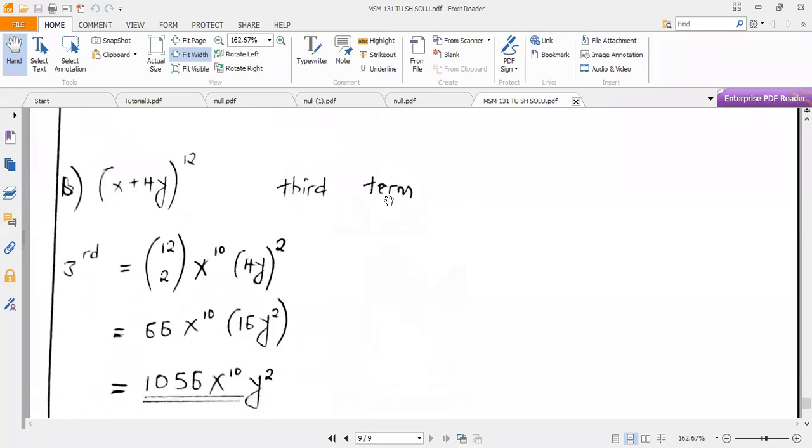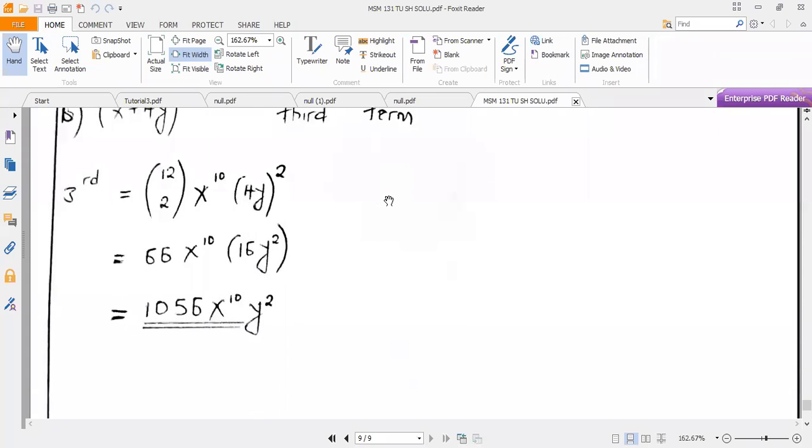So for the B part, x plus 4y to the 12, we're finding the third term. So the third term will now be 12 choose k minus 1. The k is 3, 3 minus 1 is 2. So it will be 12 choose 2, x to the 12 minus 2, which is 10. So x to the 10, 4y to the 2. So 12 choose 2 is 66.